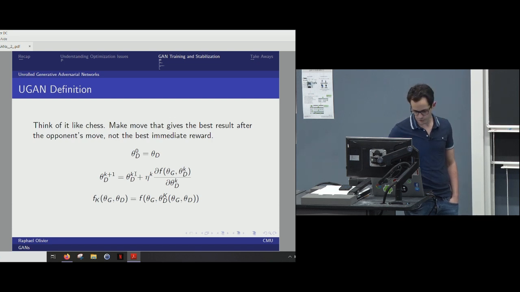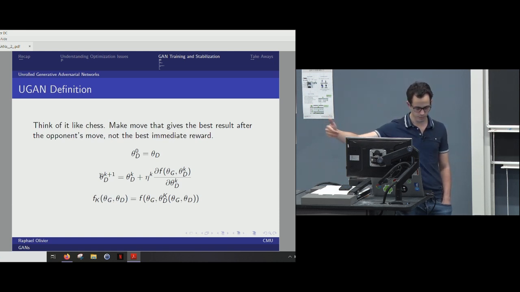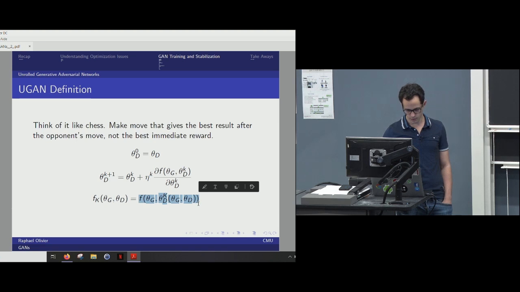You compute gradient descent a bunch of times based on the dual objective of the two networks, and you're gonna get a new discriminator at time step capital K. And instead of doing regular gradient descent for the generator, you're gonna compute the gradient descent based on this objective, including the dependency in G over here.